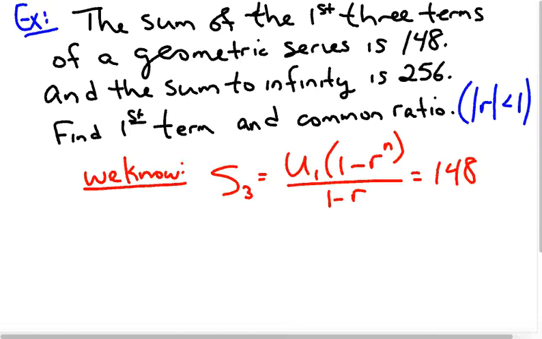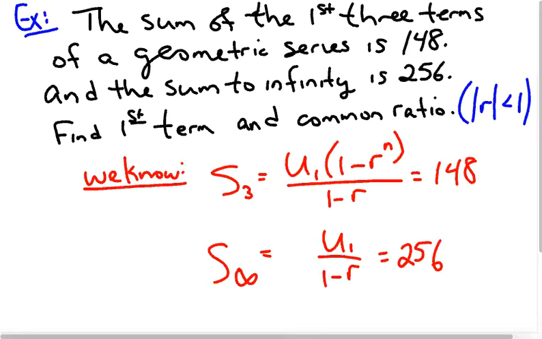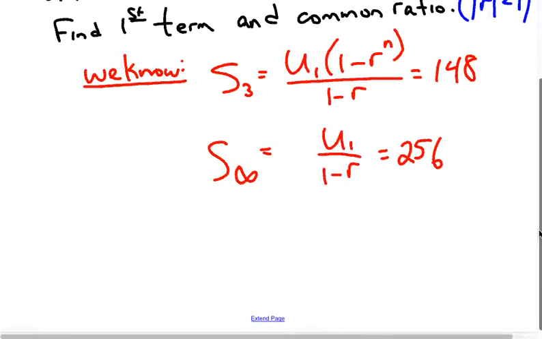We also know that the sum to infinity is going to be u1 over 1 minus r, and that has to be 256. So this is what we know so far.